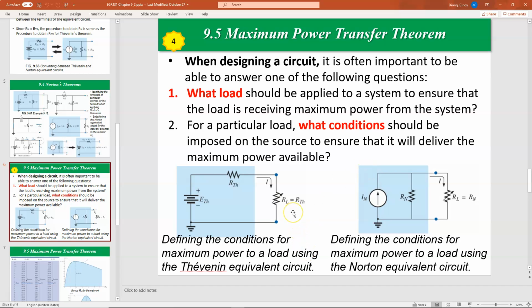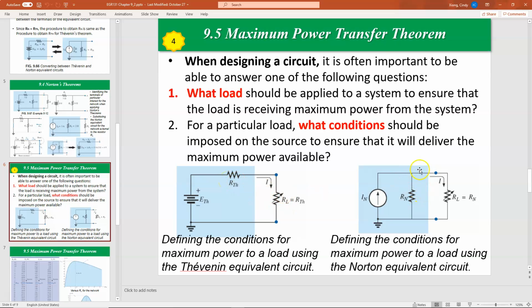The maximum power transfer theorem is actually very easy. If you already have the Thevenin equivalent circuit for your network, then the resistance of your load needs to equal the RTH.